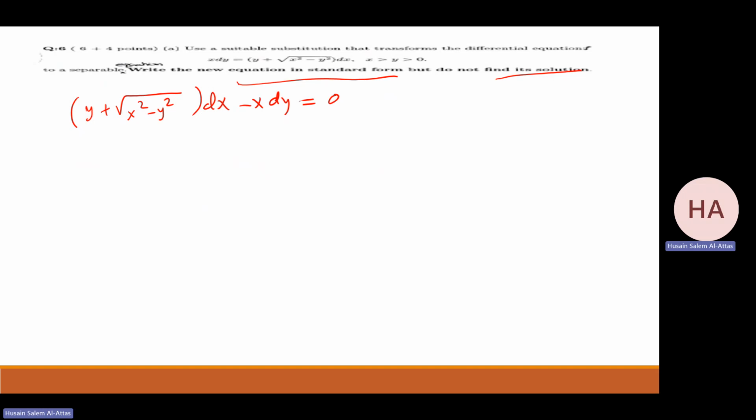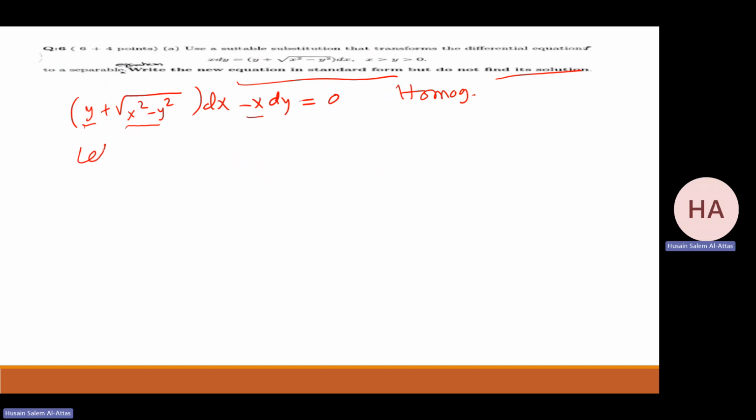Very clear, this is homogeneous. The degree is 1, 1, 1. So it's homogeneous.